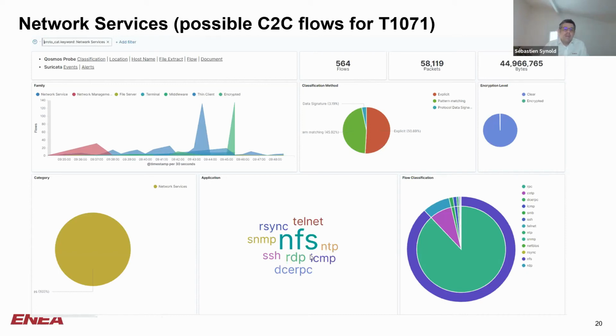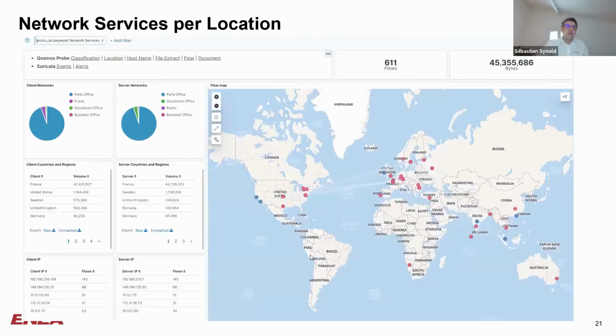So let's now filter and drill down on this category to have a more complete view of where those types of connections take place on your network. Here on this map, you see all the network service traffic, from the category we've seen before, from the corporate network and also from the public internet.